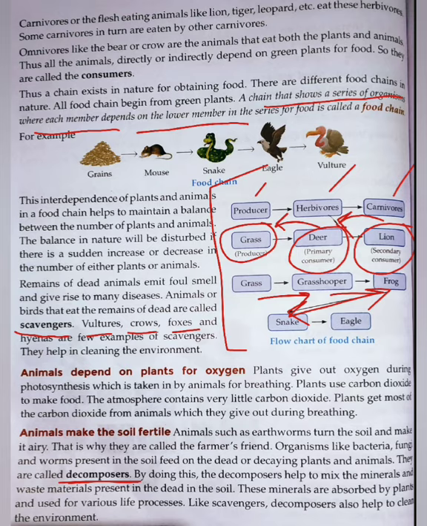They just help to mix the minerals and waste materials present in the dead into the soil, and these minerals are absorbed by the new plants again and used for various life processes. So this is just like a cycle.